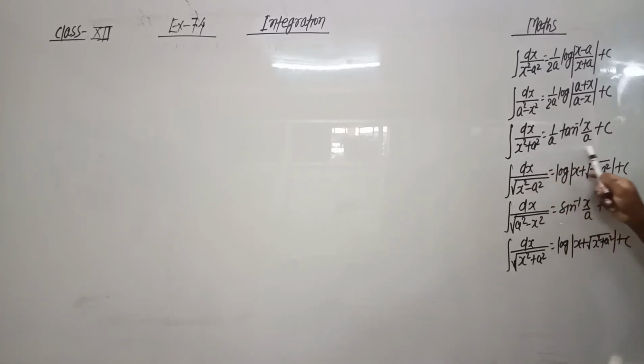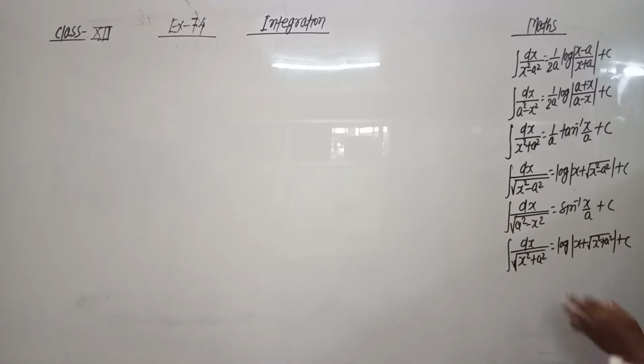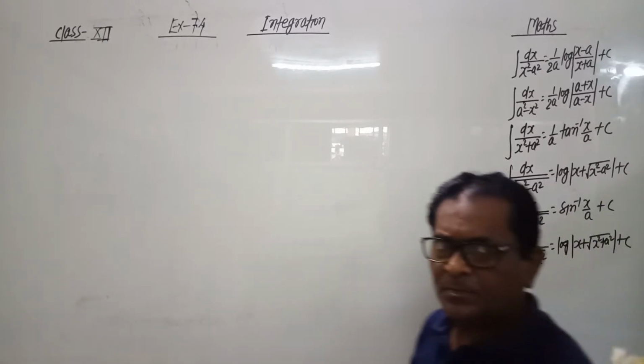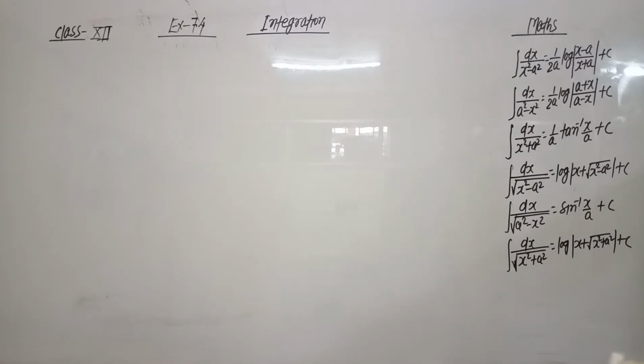Integration dx upon x square plus a square is 1 by a tan inverse x by a, and dx by root of x square minus a square is log of x plus root of x square minus a square. Integration dx upon root of a square minus x square is sin inverse x by a, and dx upon root of x square plus a square is log of x plus root of x square plus a square, plus c.